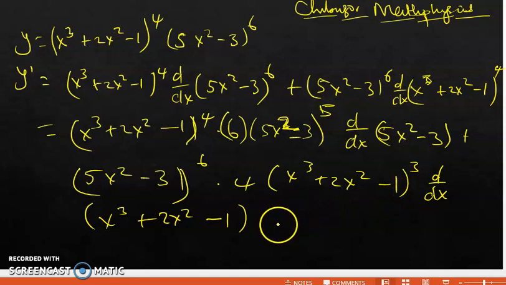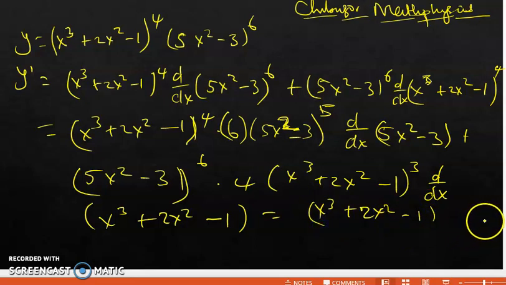So this is simply equal to x cubed plus 2x squared minus 1 power 4, multiplied by 6 times 5x squared minus 3 to the power 5, multiplied by 10x.